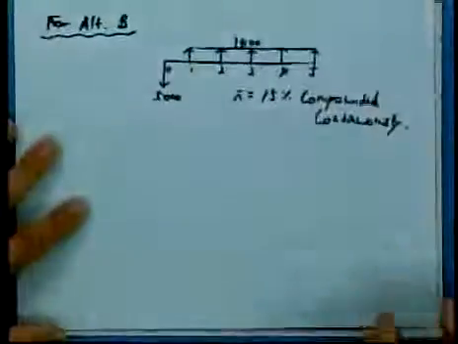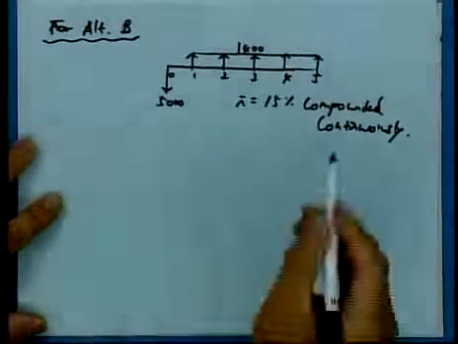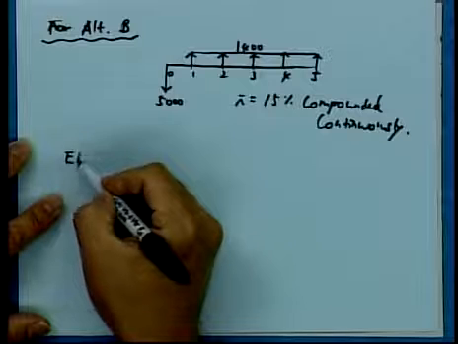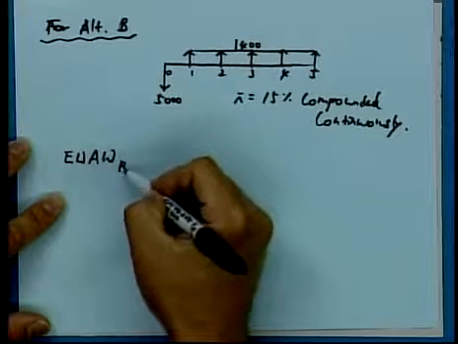Then what about the equivalent uniform annual worth for alternative B?